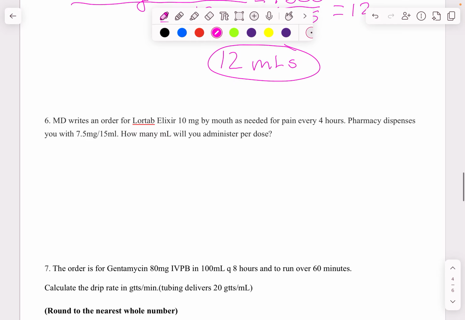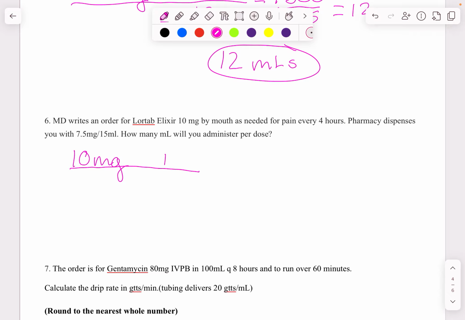All right. Moving on to 6. The MD writes an order for Lortab elixir 10 milligrams by mouth as needed for pain every 4 hours. The pharmacy dispenses you with 7.5 milligrams per 15 mLs. How many mLs will you administer per dose? Okay, so the order, 10 milligrams.